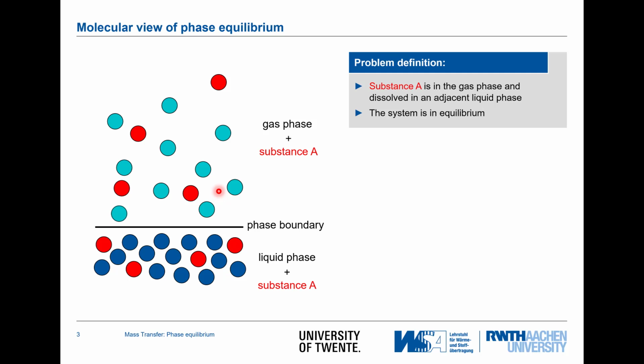When we think back of what we had in heat transfer, then we talked equilibrium at such a boundary with the temperature on the one side of the boundary and the temperature on the other side of the boundary being identical, which is not the case if we look here at mass transfer and look at concentrations.